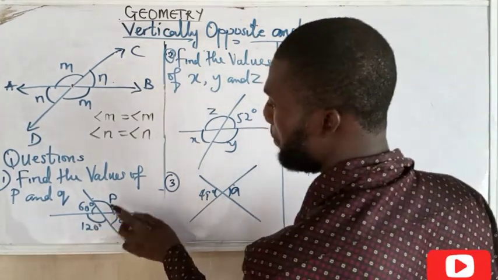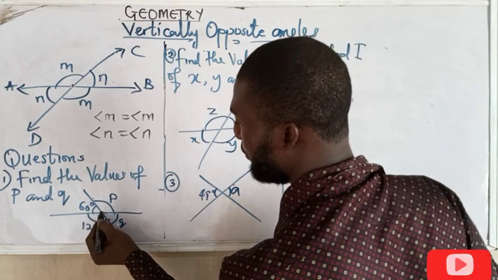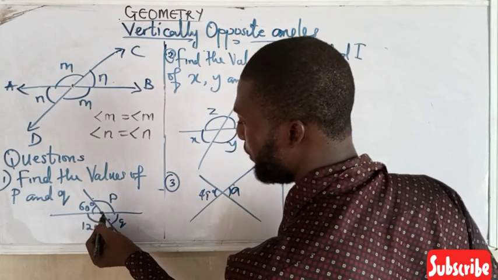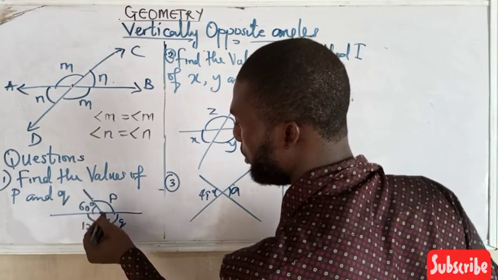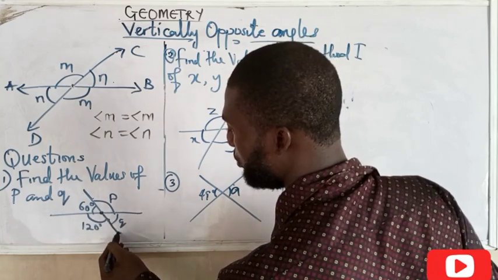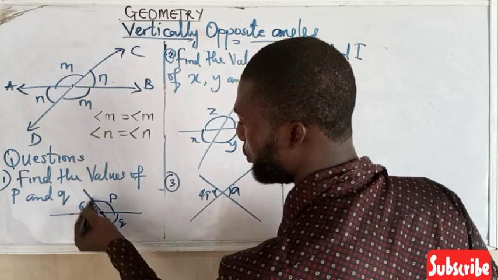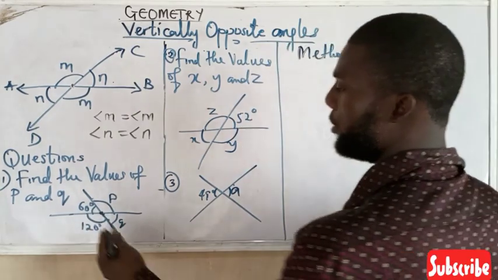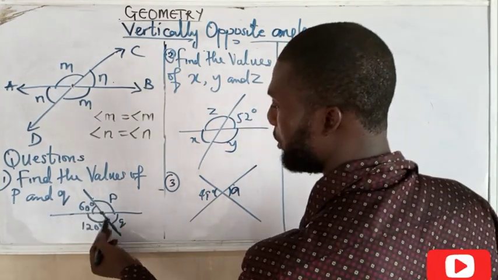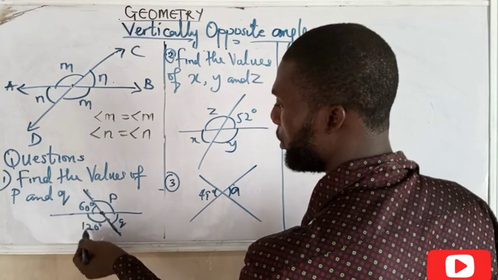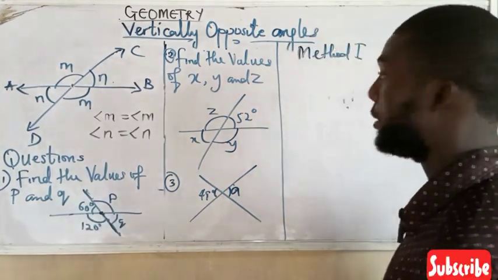We know that this is the vertex point. And if you look at this vertex point, this angle is equal to this angle. They both share the same angle because of the vertex point, and this angle is also equal to this angle here. So this 60 degrees is equal to angle Q, and P is also equal to that of what? Angle 120 degrees.